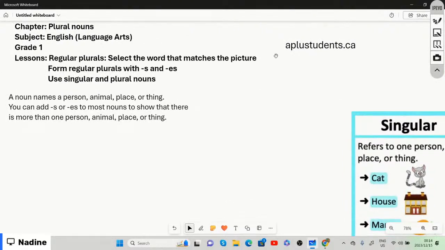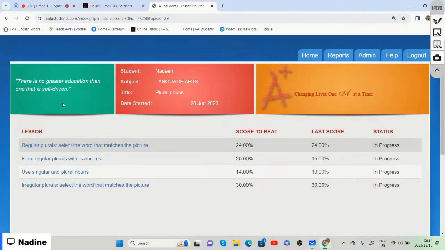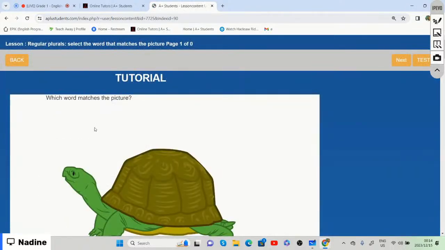And we see that we are doing our tutorial lesson on a+students.ca. So now we're going to a+students.ca, and we're going to focus firstly on regular plurals. We're going to select the word that matches the picture. Which word matches the picture?